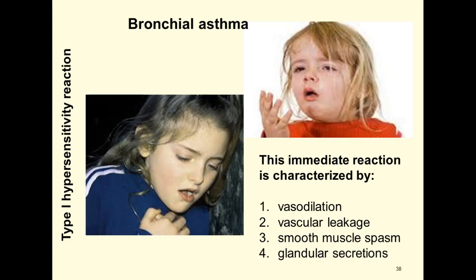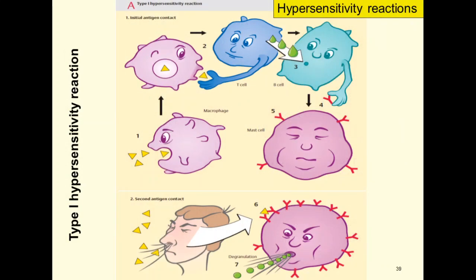And the last one is glandular secretion. So we have an increased amount of mucus in the lumen of the bronchi. That's why the lumen of the bronchi becomes narrower compared to what it was before the bronchial asthma. Move on.